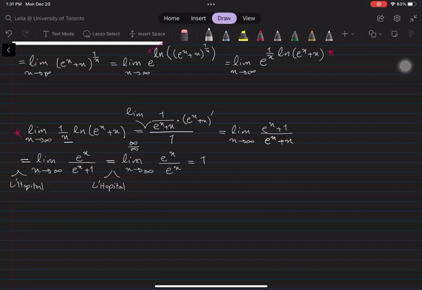So 1 over x is okay. This is the same as ln of e to the power of x plus x, divided by x. Just extend this line here. It's just 1 times that.